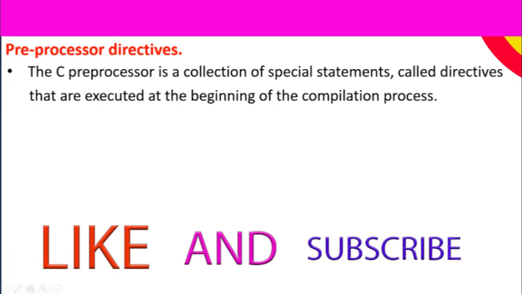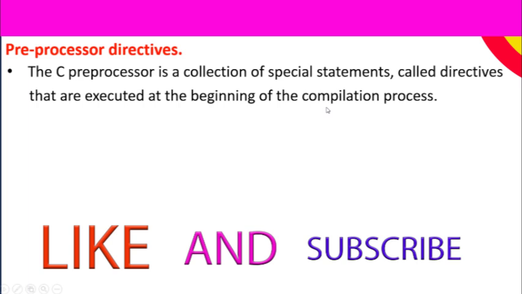That's why they are called preprocessor. But you shall keep on understanding what they are used for when you are writing programs. So I can read that the C preprocessor is a collection of special statements called directives that are executed at the beginning of the compilation process. So it is at the beginning of the compilation process.